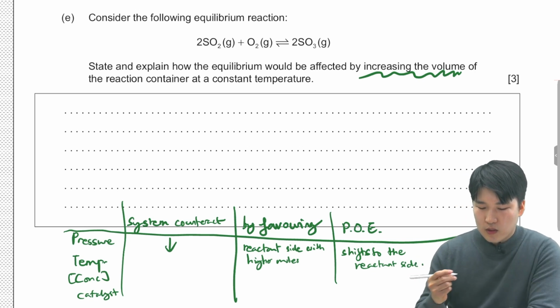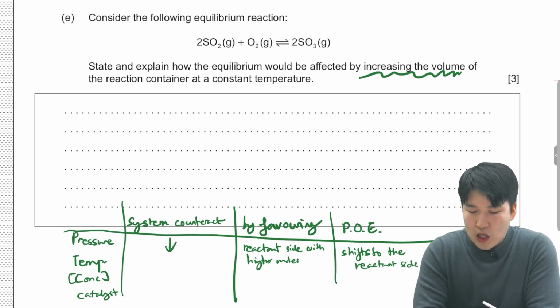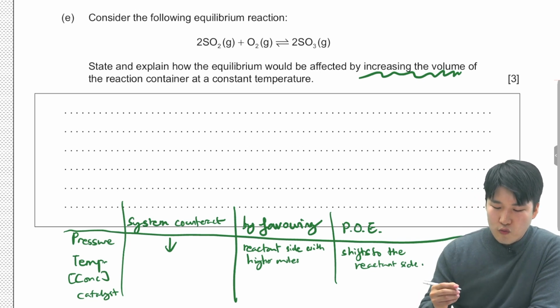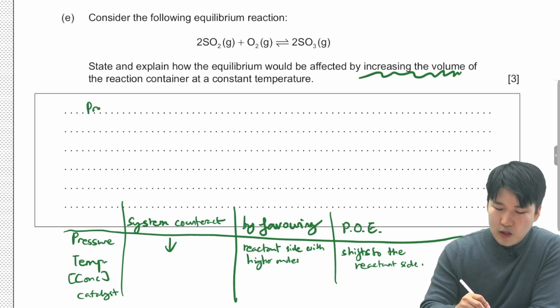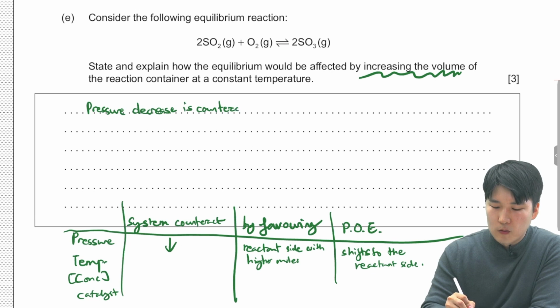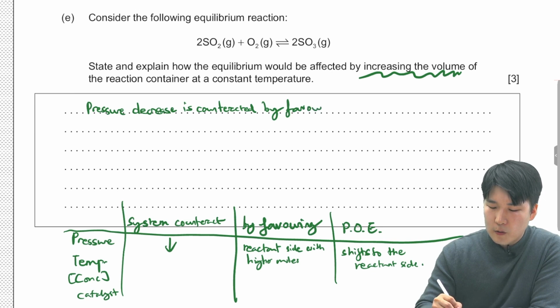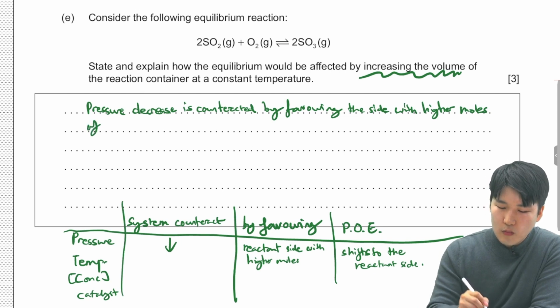Okay, so how do we put this into writing? We're going to put this into writing by saying that pressure decrease is counteracted by favoring the side with higher moles of, let's say, species.